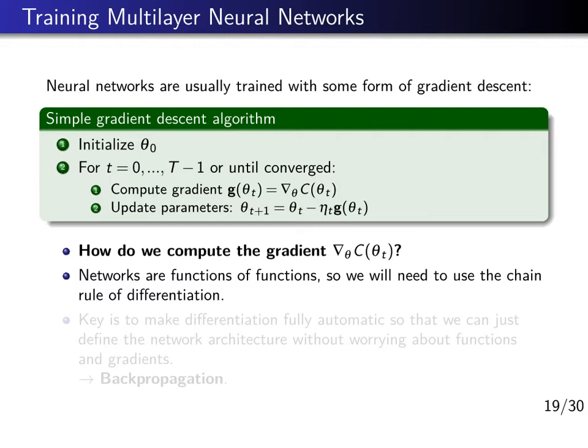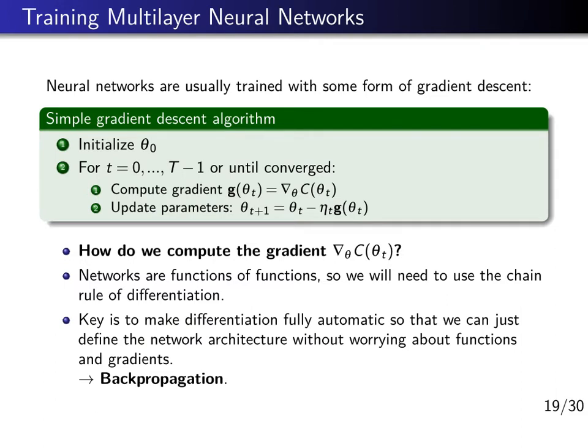And then we just want to plug things together and have a program that figures out automatically how to compute the gradient and how to update the parameters as a part of the training algorithm. And that is what is leading to the backpropagation algorithm.